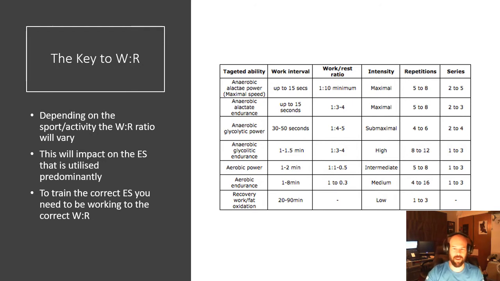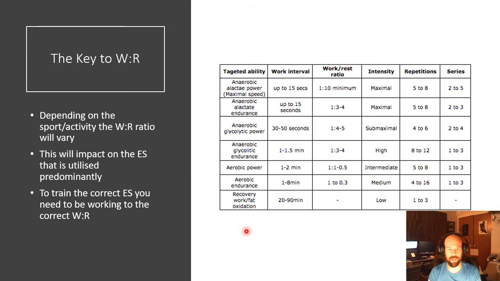Okay, so like I said, this isn't specifically in your textbook. This whole thing isn't in your textbook. Okay, but it gives you an idea of what sort of work to rest ratios you need to be applying in a given situation.